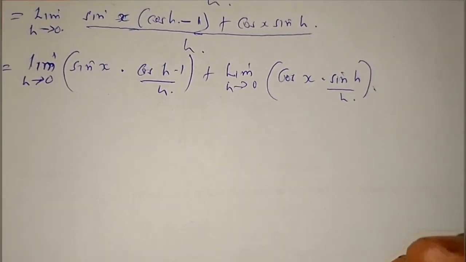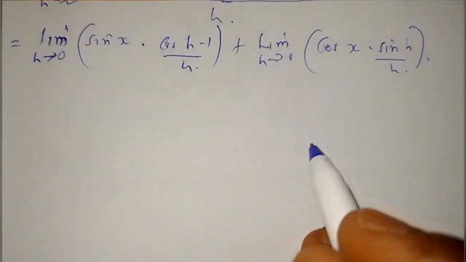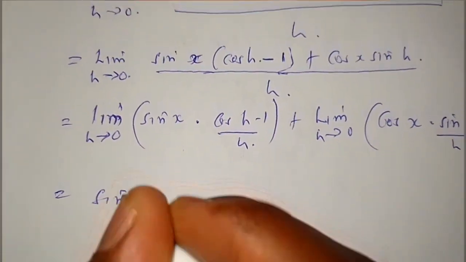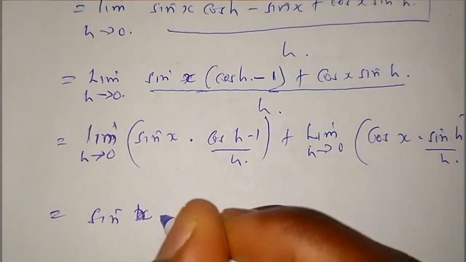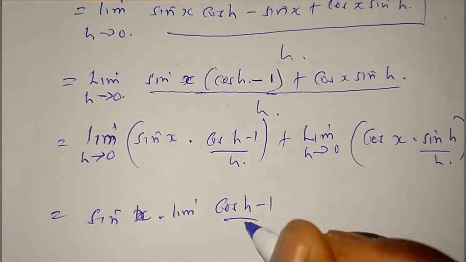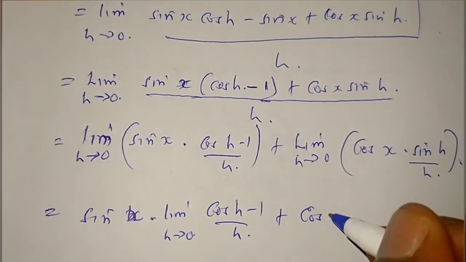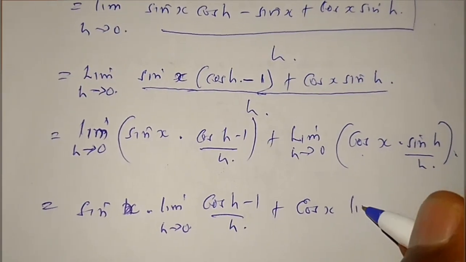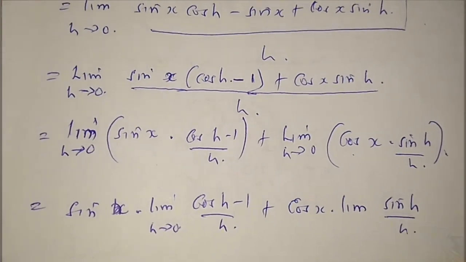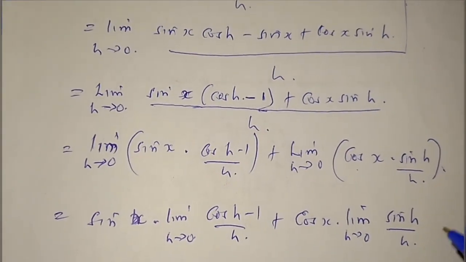This can also be written as sine x dot the limit of cos h minus 1 over h as h tends to 0, plus cos x dot the limit of sine h over h, h tends to 0.